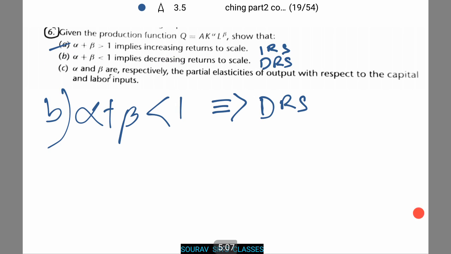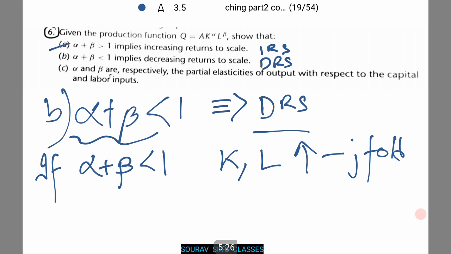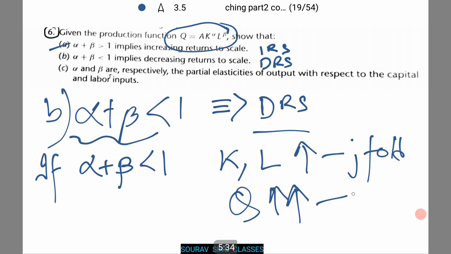Similarly, we'll see for the next one. The second question says that when alpha plus beta is less than 1, it means DRS. Now if alpha plus beta is less than 1, we can see that when K and L are increased j-fold, the increase in the value of this function, that is Q, is less than j-fold, which implies decreasing returns to scale.